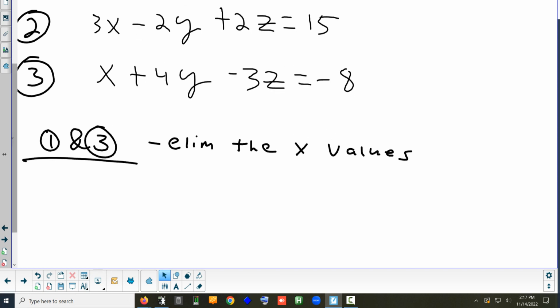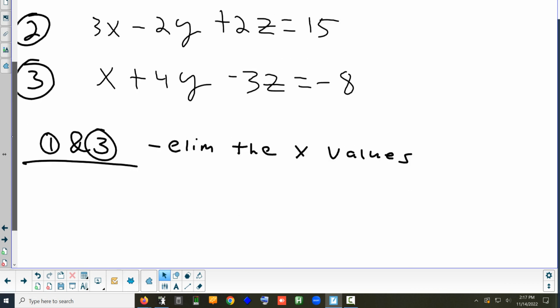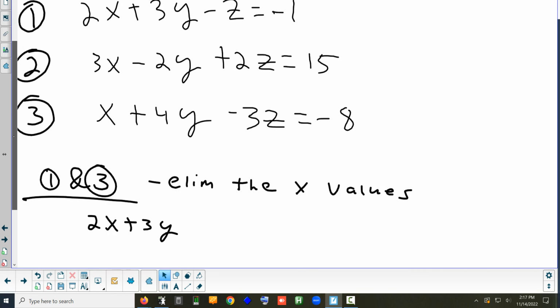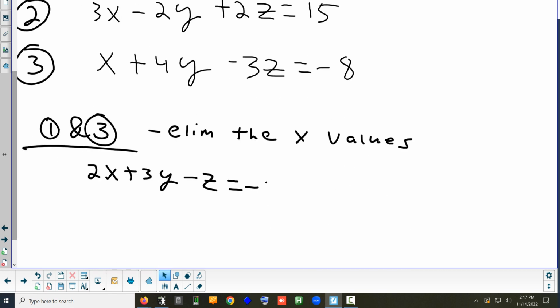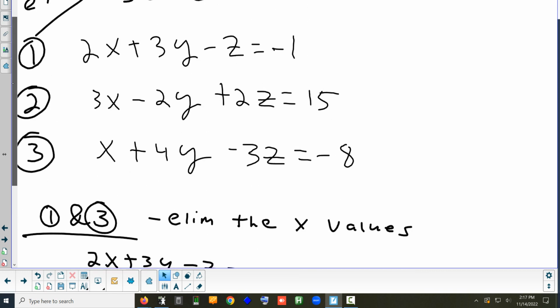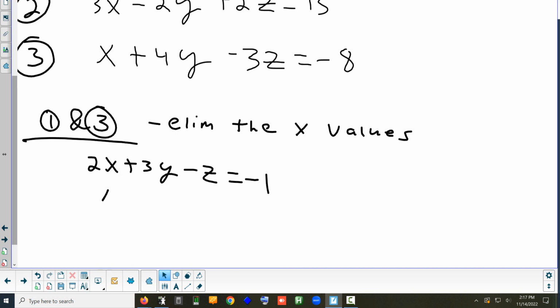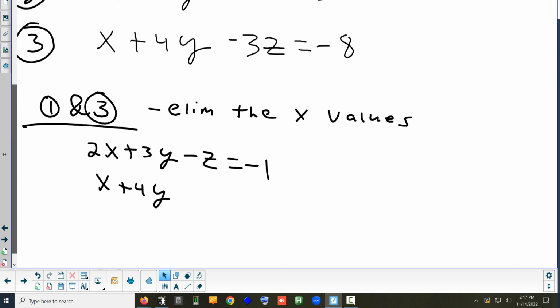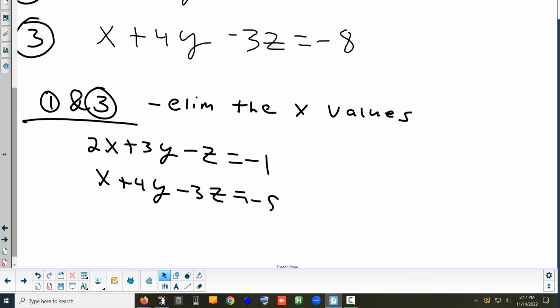Let's copy. This is why it takes a little bit of time, because I'm going to copy everything down each time. So let's copy equation 1. If I make a mistake, let me know. And equation 3. Okay.